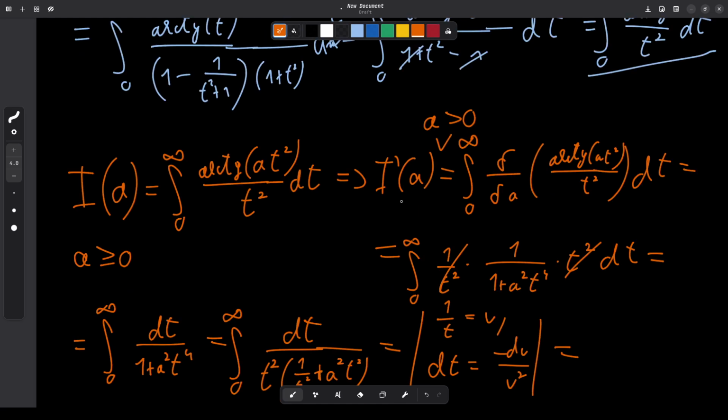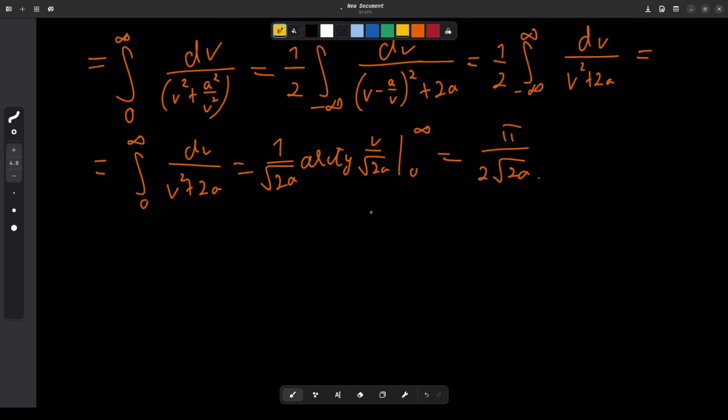But keep in mind, this is I prime of a. We have to go back to I of a and see what this equals. Well, I of a is just the indefinite integral of pi over 2 times square root of 2a dA.